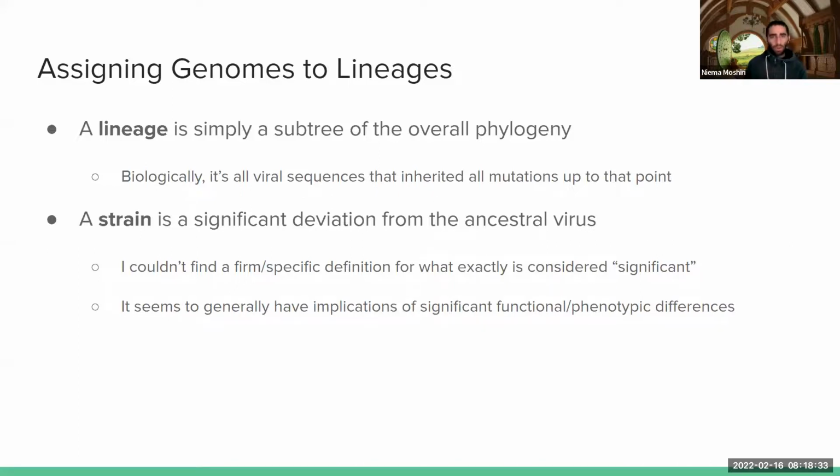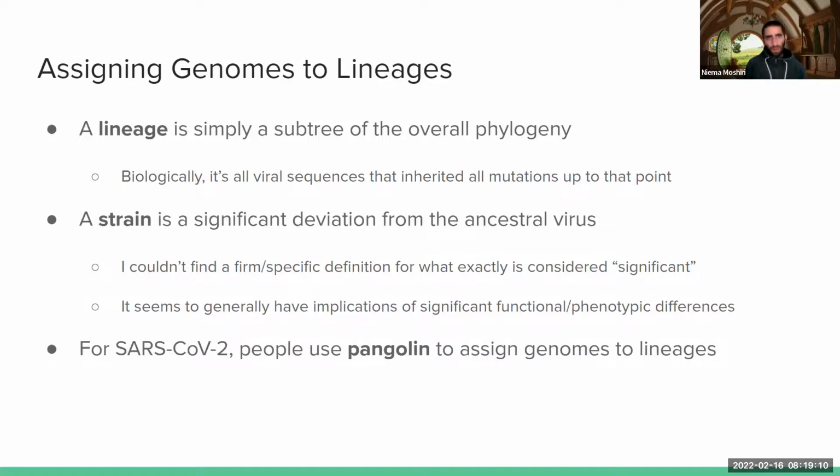But in general, the overall sentiment that I'm seeing is that it typically seems to be some notion of a significant functional or phenotypic difference. So basically, a bunch of really smart virologists have determined, okay, this virus has now changed so much that this phenotype or this function is now significantly different. But it seems to be more of a categorization thing rather than a strict set of rules. Whereas a lineage is very specific: you are this subtree of the evolutionary tree.